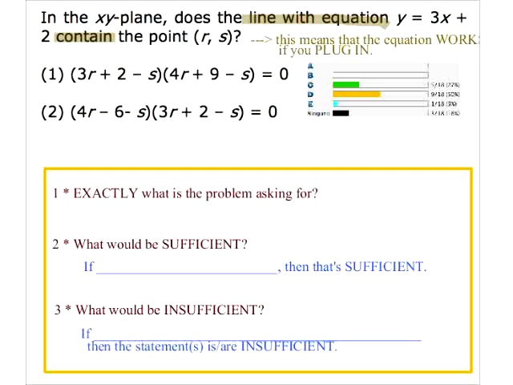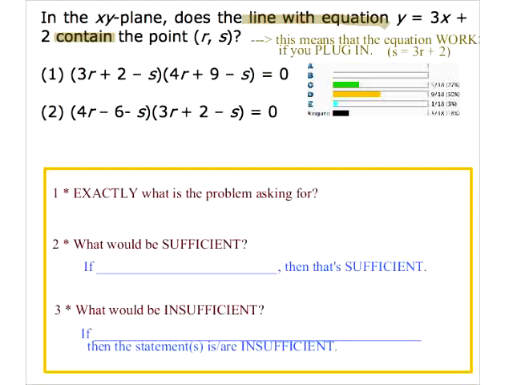So if you plug in R, S, that means S equals 3R plus 2. So this is really almost not even a coordinate geometry question, because as soon as you figure this out, you can ignore coordinate geometry for the rest of the problem.